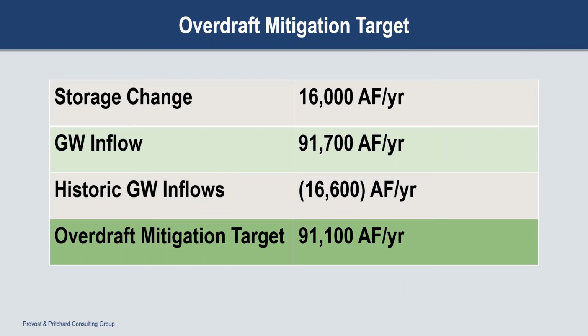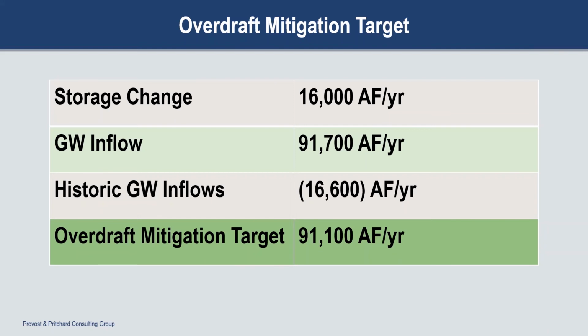So the storage change for the area is 16,000 acre feet per year. There's also groundwater inflow, so groundwater flowing in from other GSAs such as North Kings. There's 91,700 acre feet of groundwater inflow, and we subtracted out historical groundwater inflow.